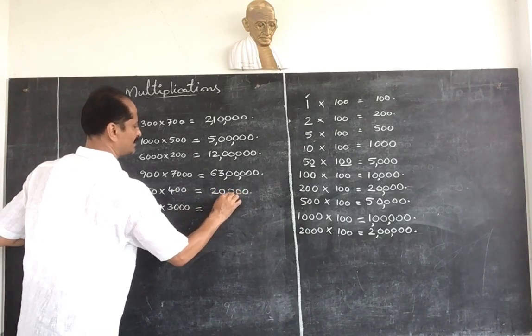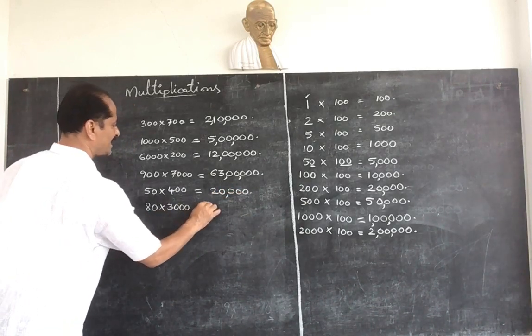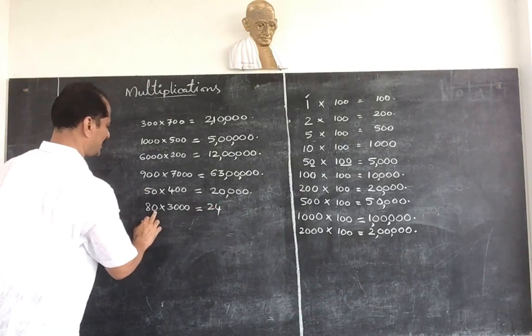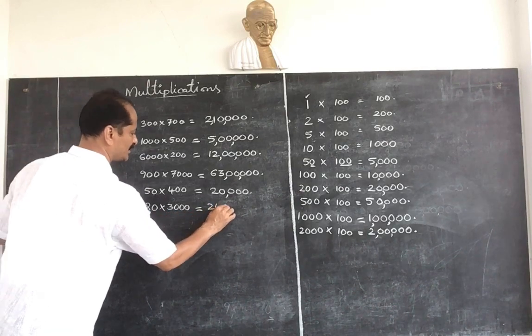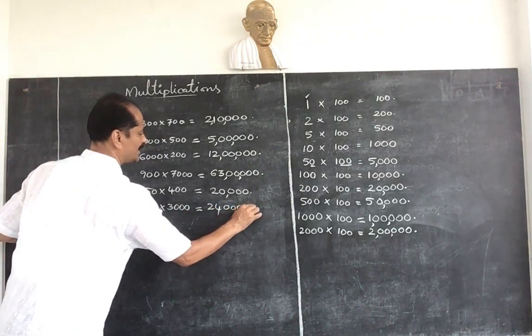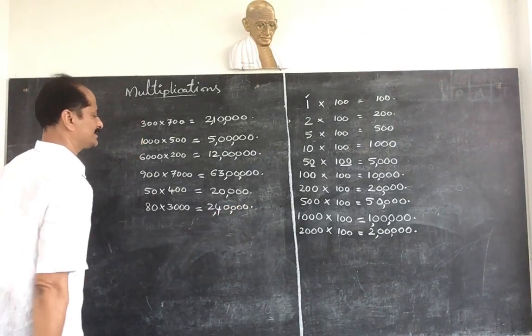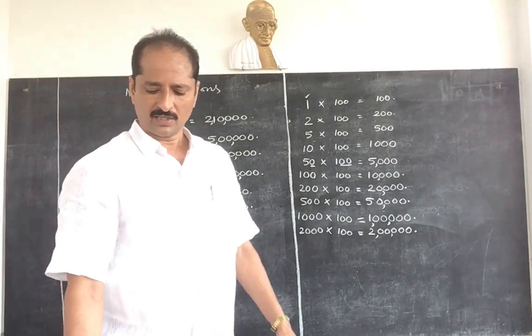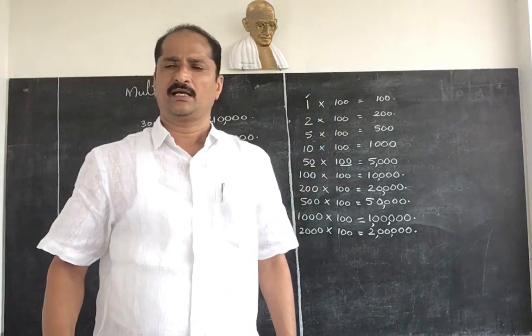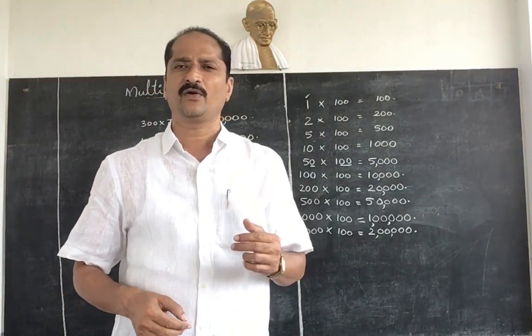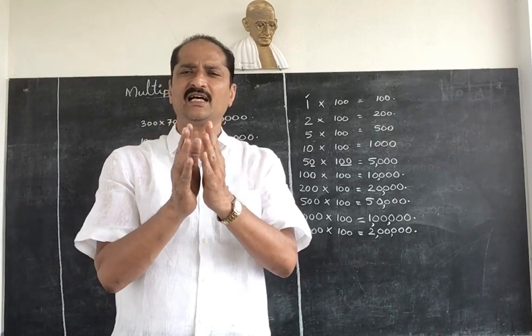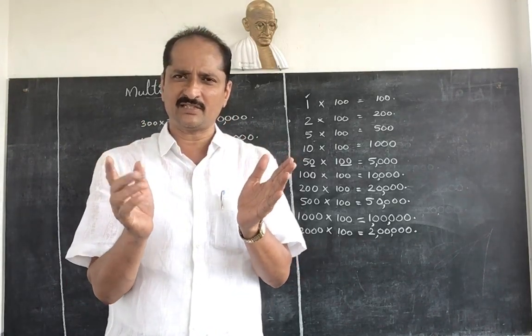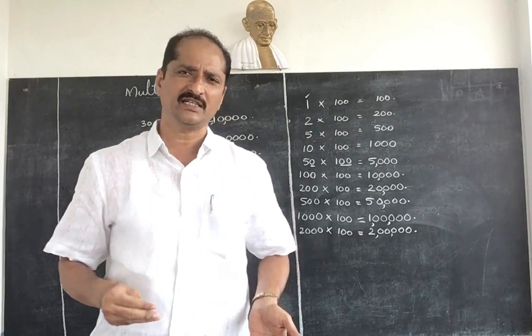Then it is 20,000. 8 3s are 24. Afterwards 1, 2, 3, 4, 4 zeros. That is units, thousands, lakhs. So in this way we can multiply. Now in the next session, one more multiplication taking the maximum number of digits, and then afterwards divisions we can check.